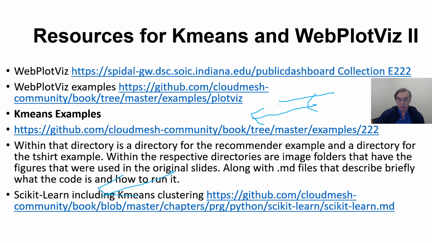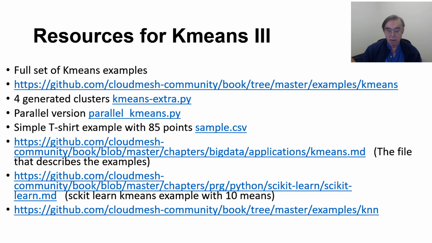As you'll see in this slide set, we have various examples like t-shirts and dating. They're available at these links. And this goes in a little more detail. There is a Python program which I use to generate some artificial clusters, 4 clusters in 2D, and to illustrate what happened when you kept on running k-means and sometimes got the wrong answer.